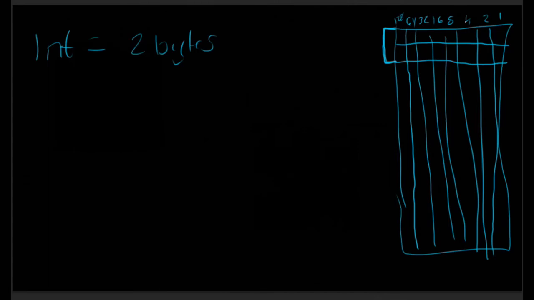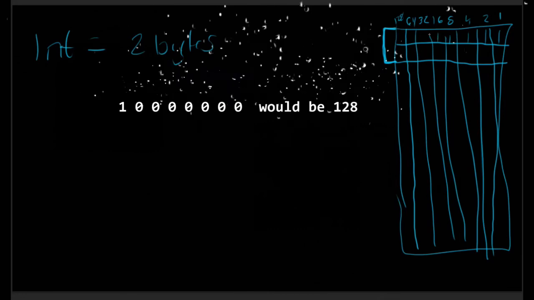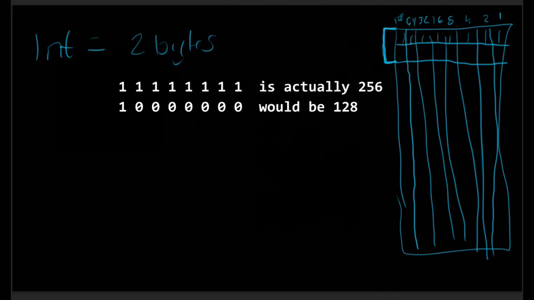So if I wanted the number 128 in here, I would have a 1 in just the last box. If I wanted 65, which we did with the letter A, I would have a 1 in that box, a 1 in that box, and all these others would be zeros.